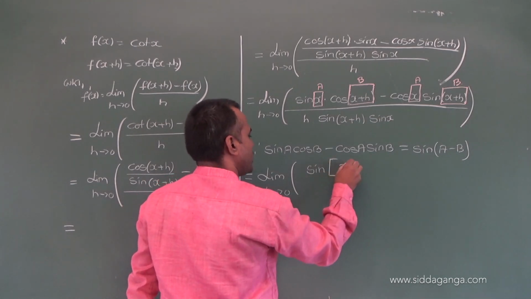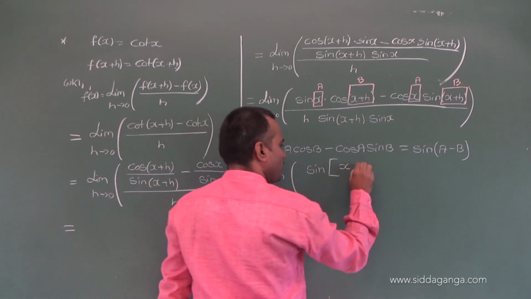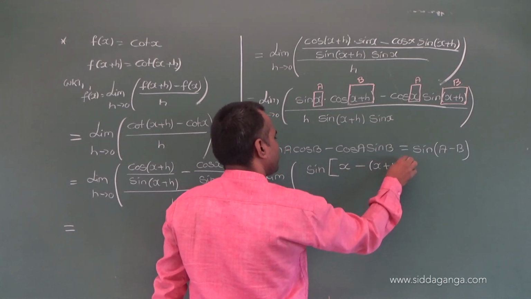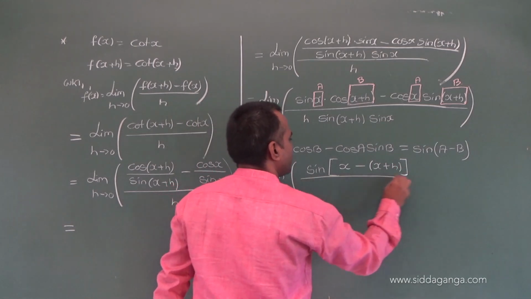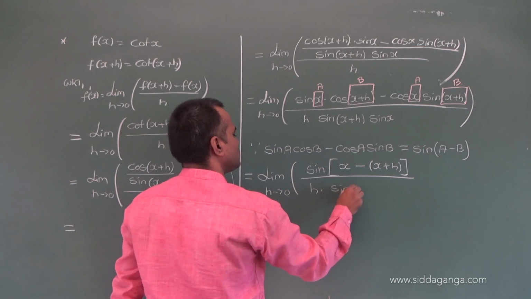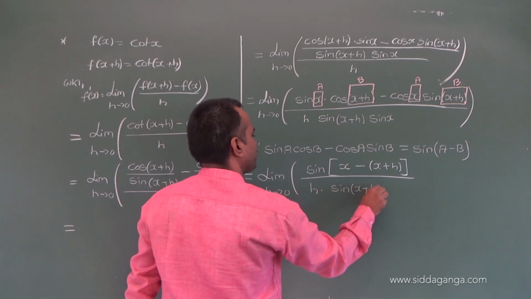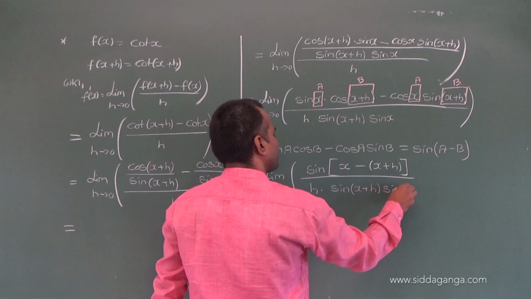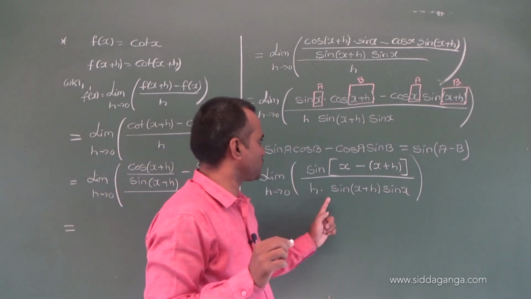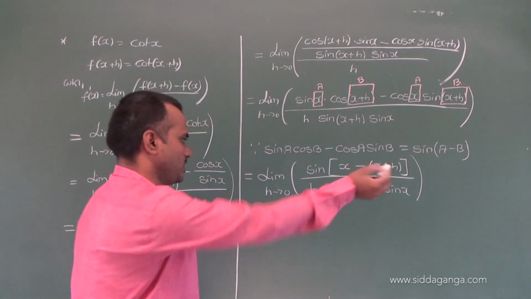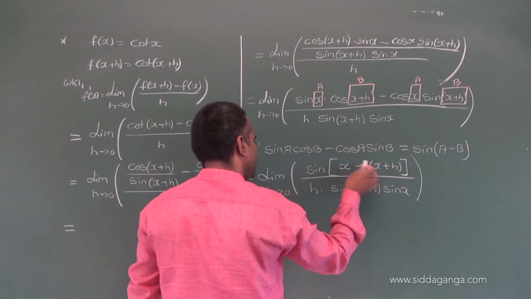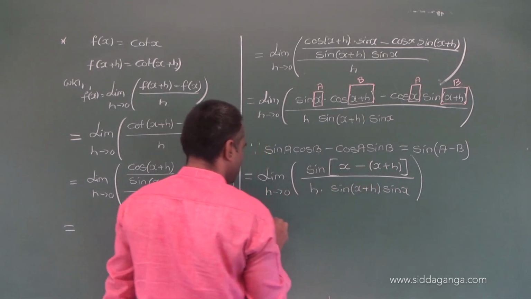Sin of x minus (x plus h), whole divided by h into sin(x plus h) into sin x. Correct? If I multiply by minus to this term, x minus x gets cancelled, plus into minus is minus h.